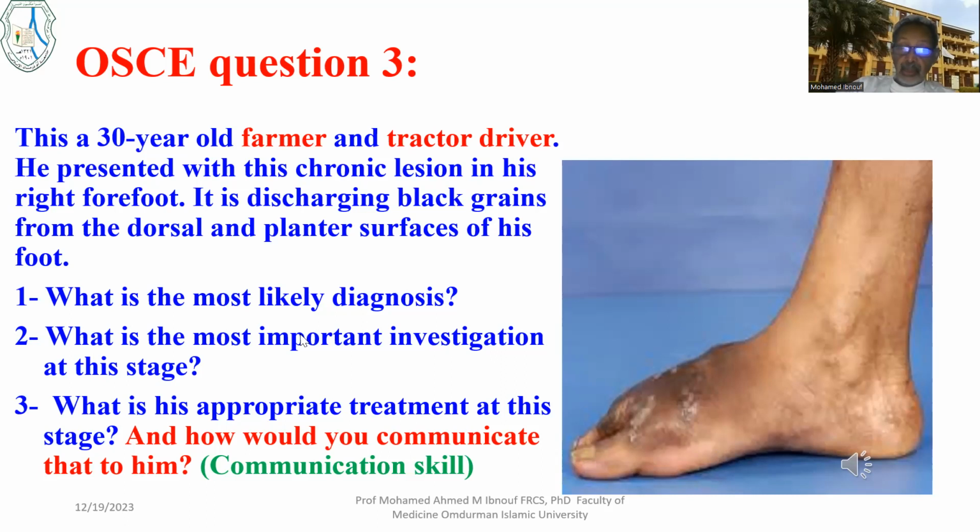And what are the most important investigations at this stage? And what is the appropriate treatment at this stage? And how would you communicate to him that he needs some sort of major surgery at this site because bones are involved, and there is discharge on the plantar and dorsal sides of the foot? It is a communication skill question.